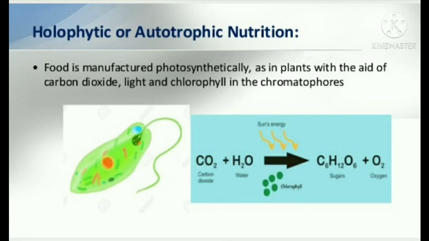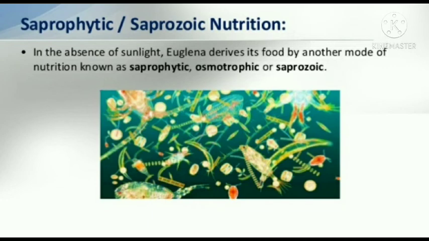Let us see the first important character: they show green forms, with holophytic nutrition. Holophytic nutrition means photoautotrophic nutrition. But in the absence of light, that is if they are kept in darkness, the holophytic forms behave like heterotrophs and predate on other small organisms.